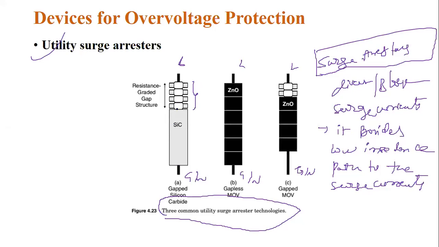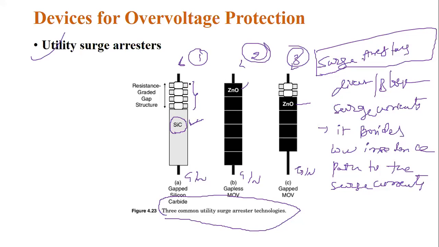You are using one type of chemical to minimize the amount of sparks produced in the arrestors. One type of chemical is SiC, and another one is zinc type. These three are constructional differences.